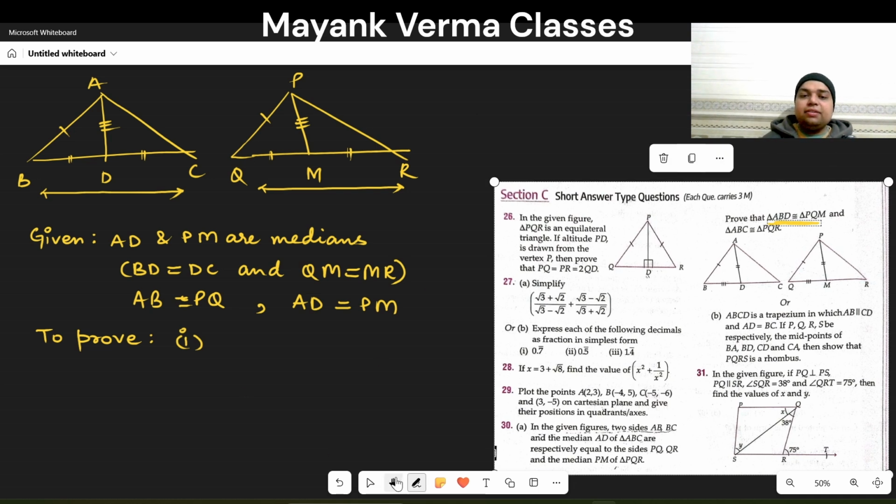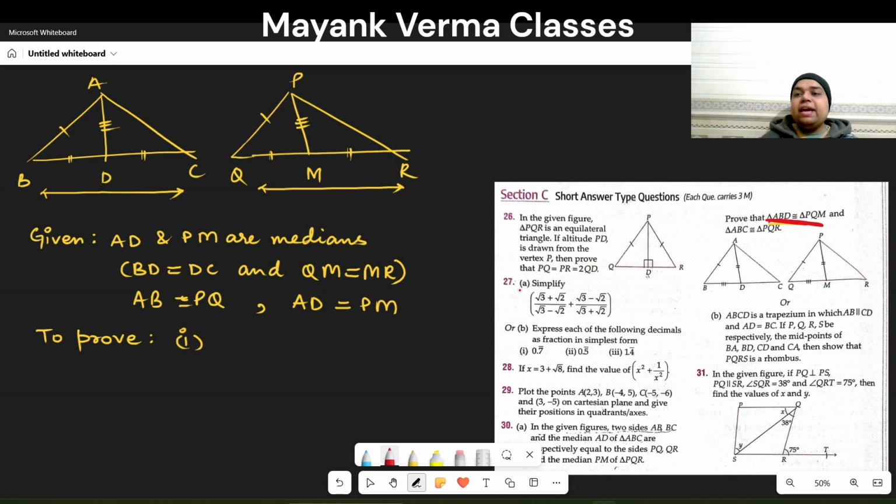It says that triangle ABD is congruent to triangle PQM, and the second part, triangle ABC is congruent to triangle PQR.